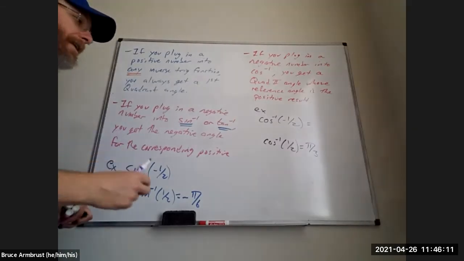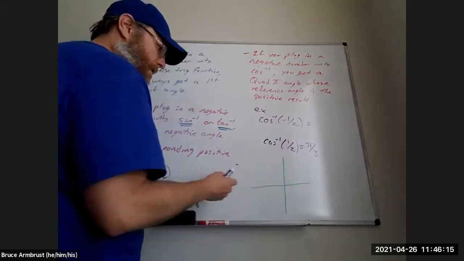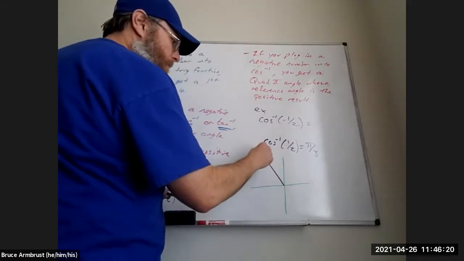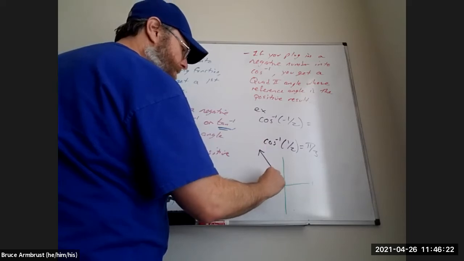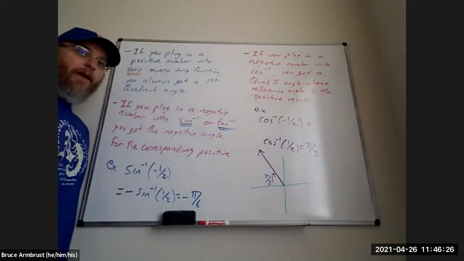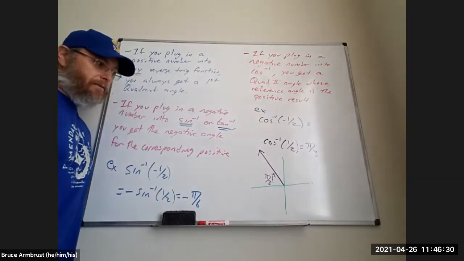So now I need to go to the second quadrant and think about the angle whose reference angle is pi over 3. Remember that reference angles always come off of the horizontal axis.